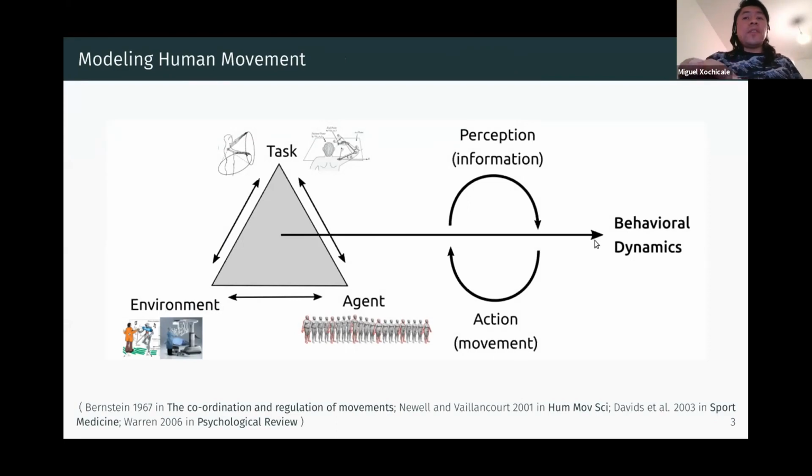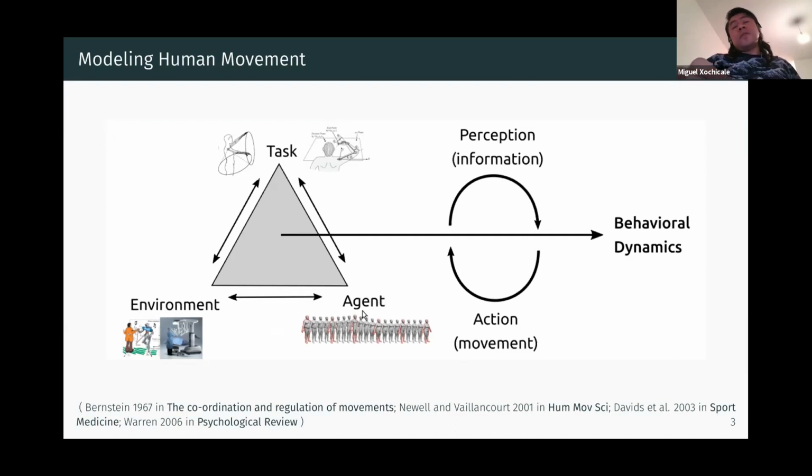We have this work of Newell, and basically he proposed to use three variables, the first related to the environment. For example, one person could be a surgeon operating, or doing human-robot interaction. That will be the environment.